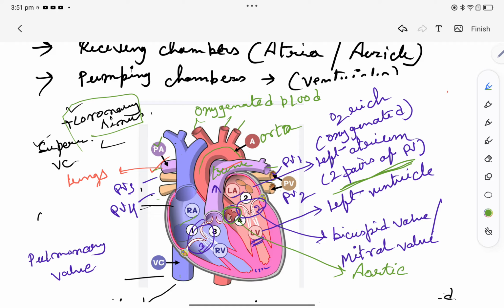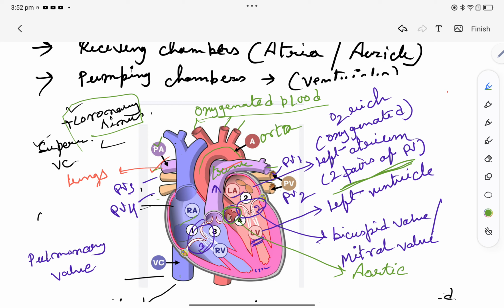Via the bicuspid valve, which is also called the mitral valve. Now it enters the aorta via the aortic valve, and this oxygenated blood is spread all over our body. So this was the structure of the heart and how blood comes and goes in and out of the heart. This was the very basic concept of the human heart's internal structure.